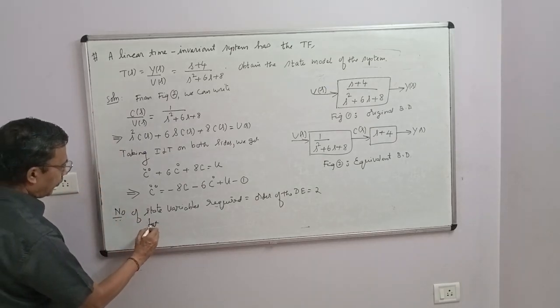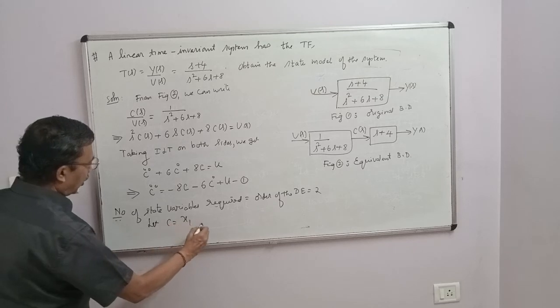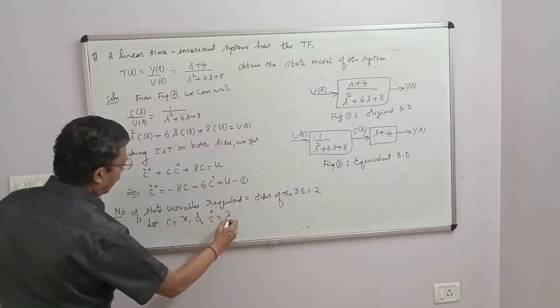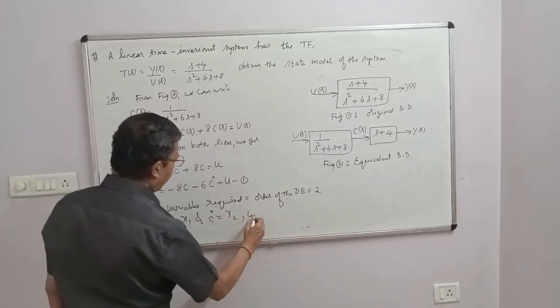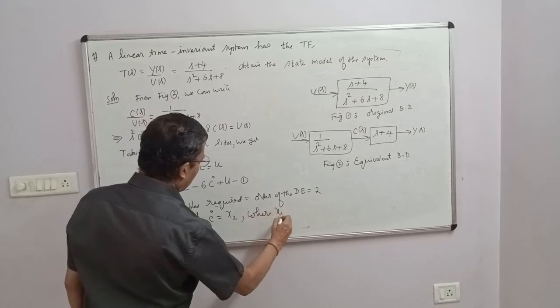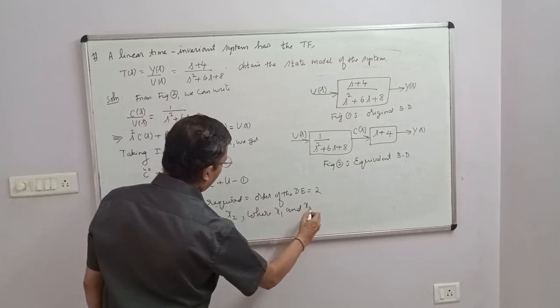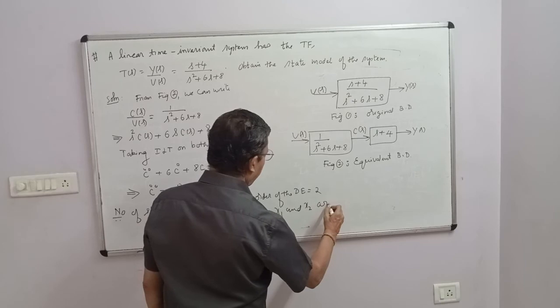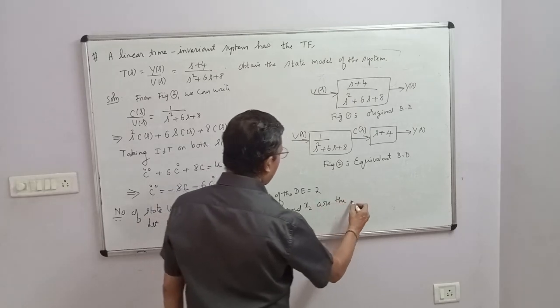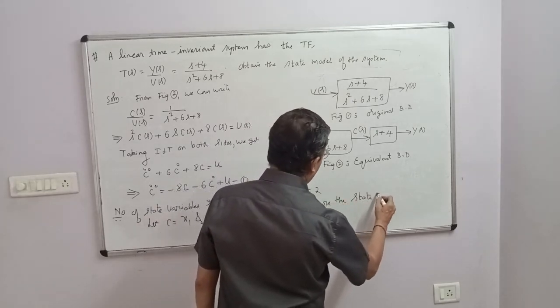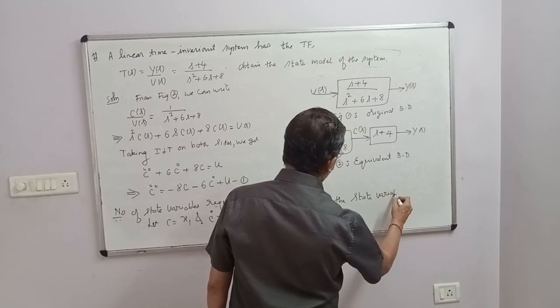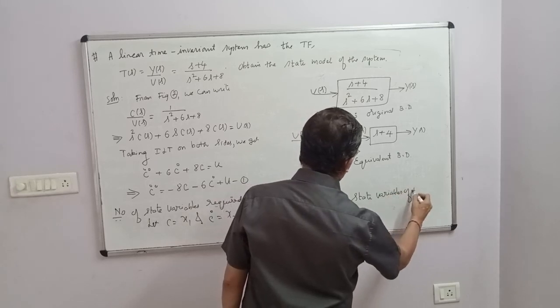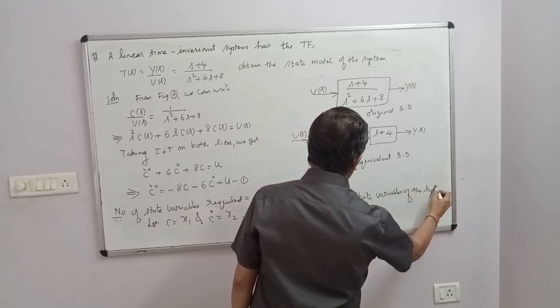Let C be equal to x1 and C dot be equal to x2, where x1 and x2 are the state variables of the system.